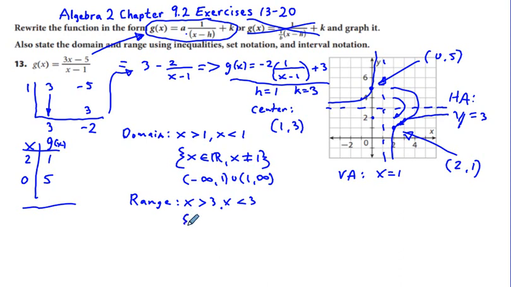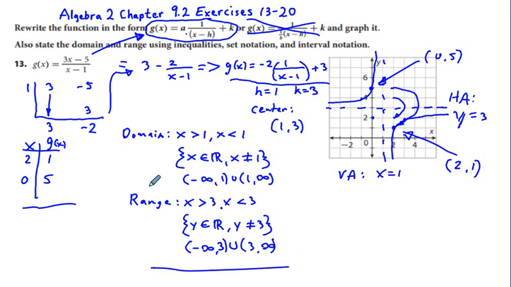And in set notation, we have y is an element of all real numbers, but y cannot equal 3. And finally, in interval notation, we have negative infinity to less than 3, union, greater than 3 to positive infinity. So there we have our domain and range, and the graphing, everything done.